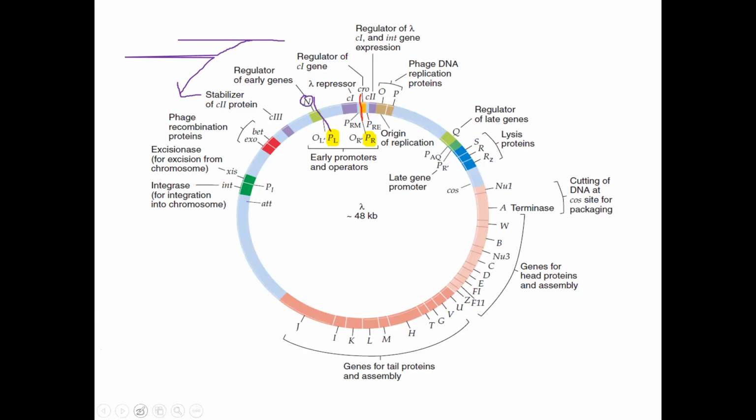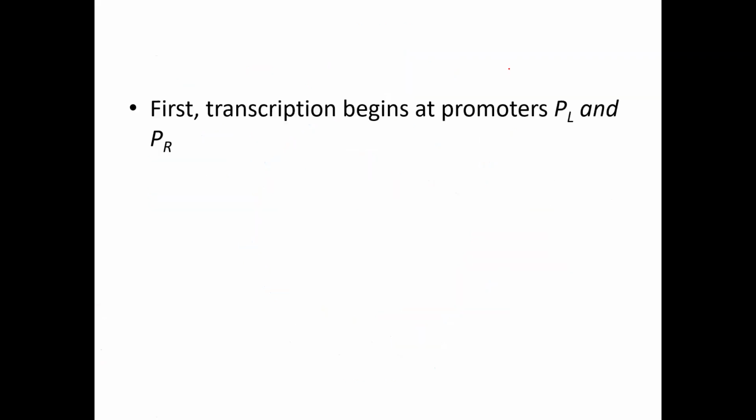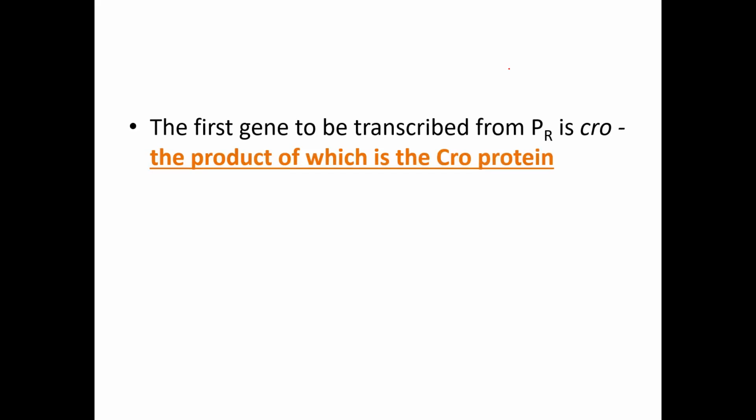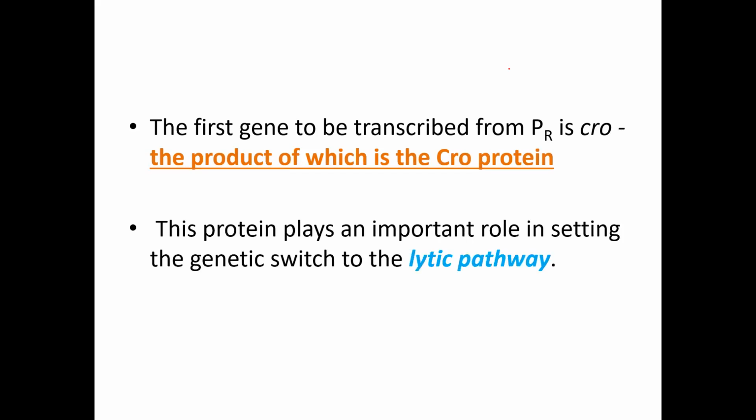And from PR, the RNA polymerase will move in the rightward direction, and the first gene to be transcribed is CRO, the product of which is the CRO protein. This protein plays an important role in setting the genetic switch to the lytic pathway. So if CRO dominates, the lytic pathway follows.